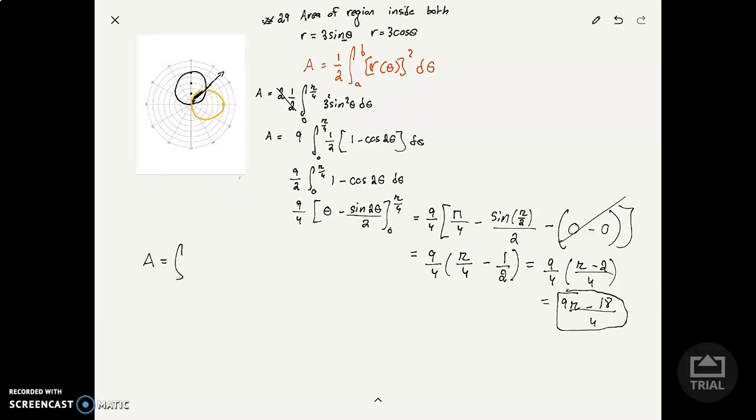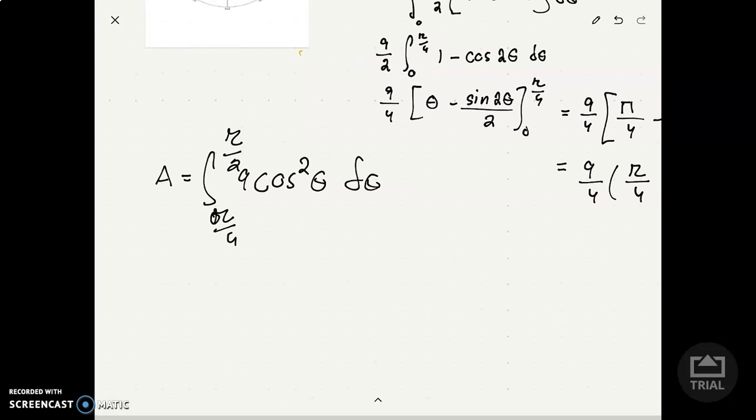So area is equal to, again, the 1/2 and the 2 are going to cancel, and it would be the integral from pi over 4 to pi over 2 of 9 cosine squared theta d theta. If we work this out, we're going to have 1/2 again from the half angle, and 1 plus cosine of 2 theta, because this time we're using cosine.